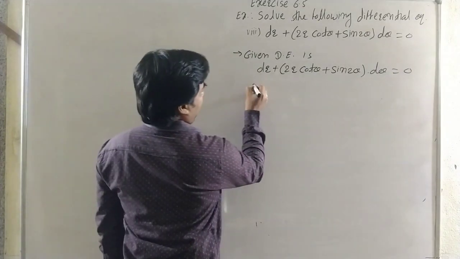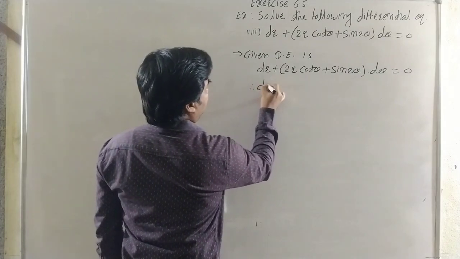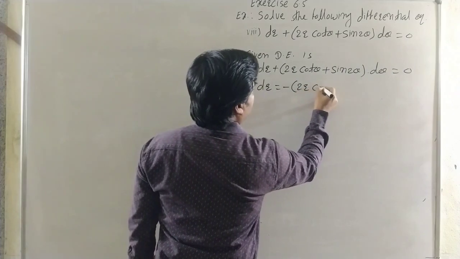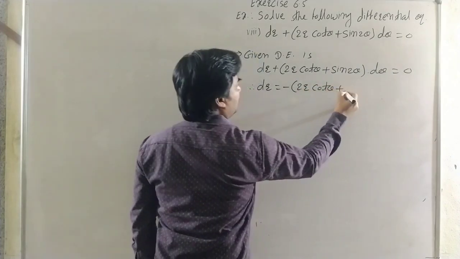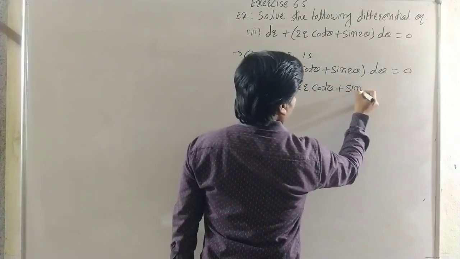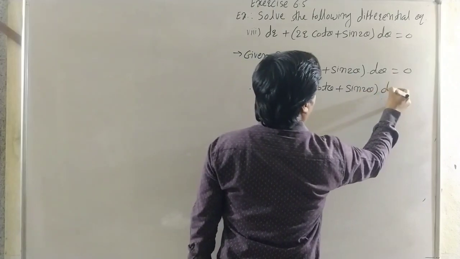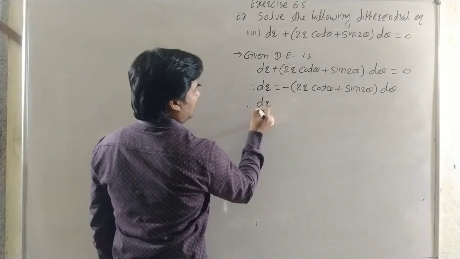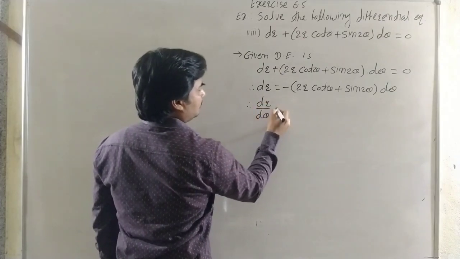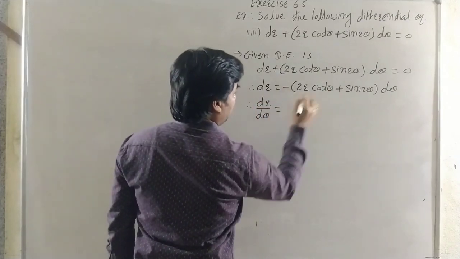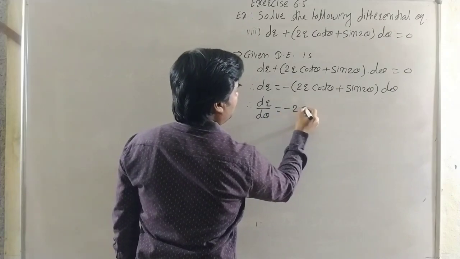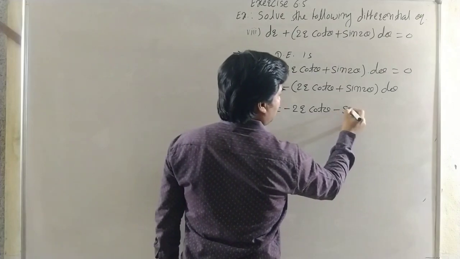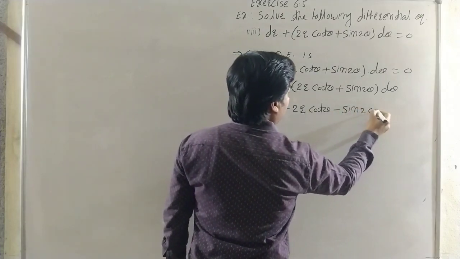Therefore dr is equal to minus 2r cot theta plus sin 2 theta d theta. Then dividing by d theta, dr by d theta is equal to minus 2r cot theta minus sin 2 theta.